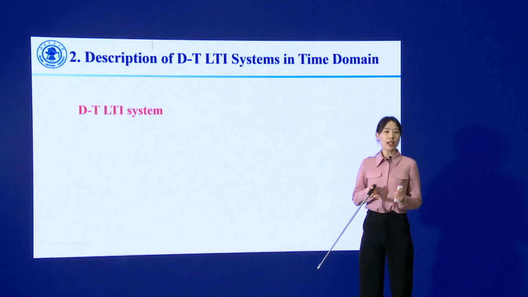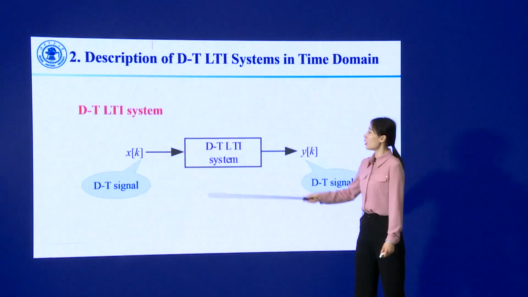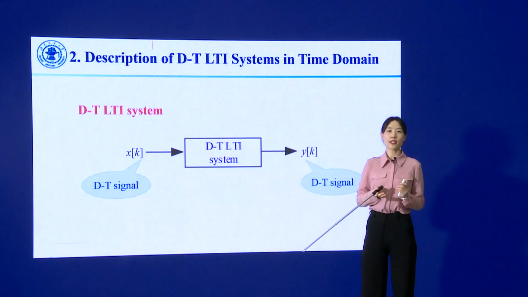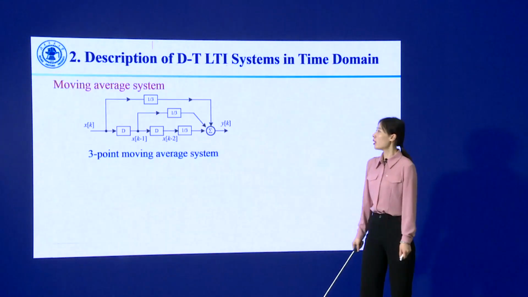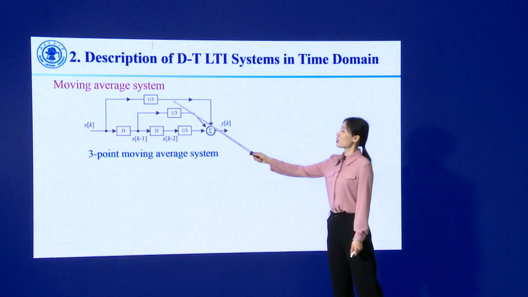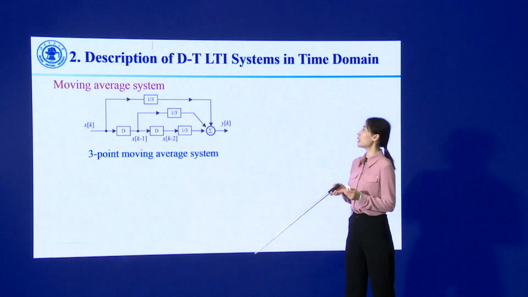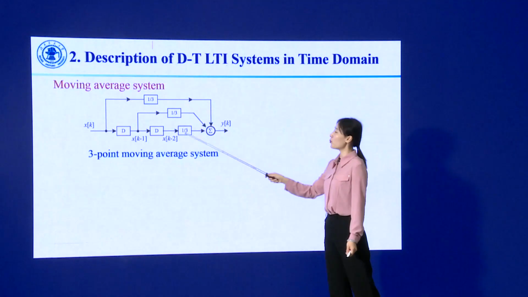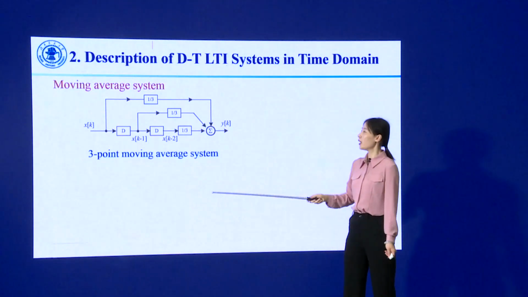For the DT-LTI system, the input and output are both discrete time signals. The moving average system is one type of DT-LTI system. Here is a three-point moving average system.